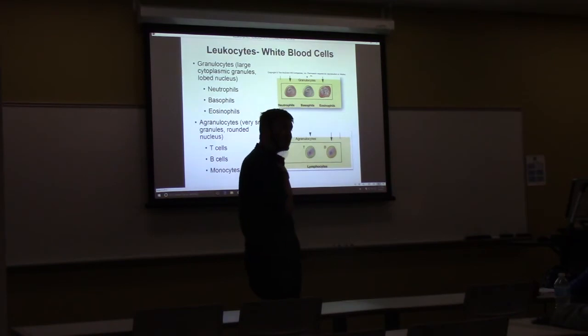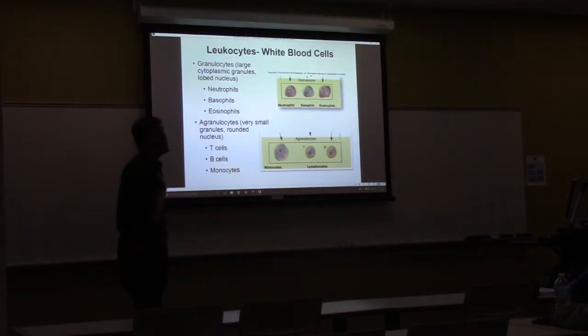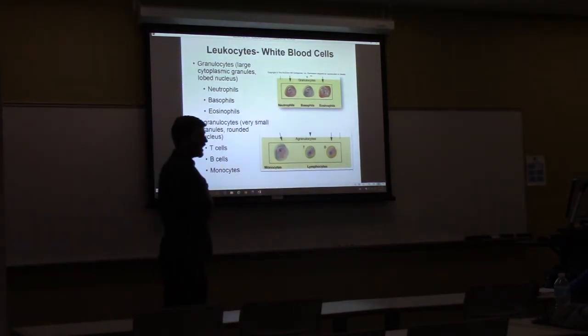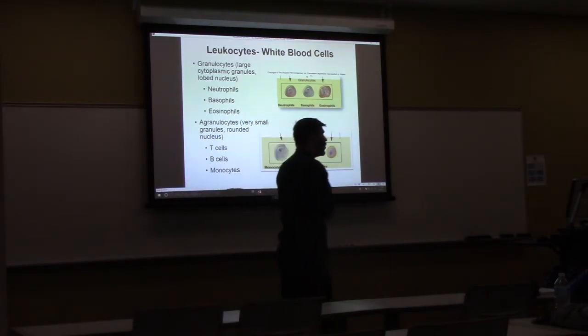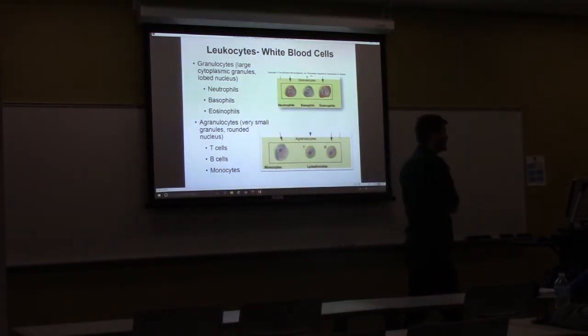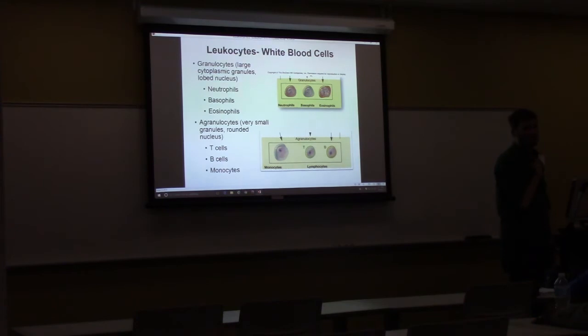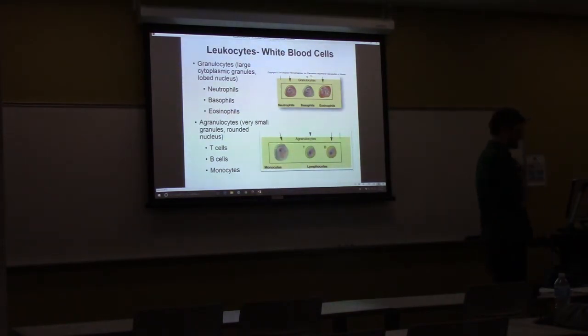Right, because they can present the antigens to T cells. Because T cells cannot see antigen on their own. What do we call monocytes that go into tissues? On the next slide, if you really don't know. Macrophages, good.